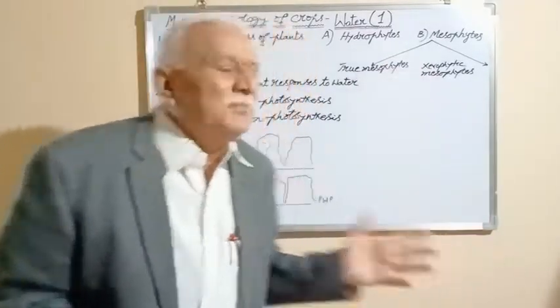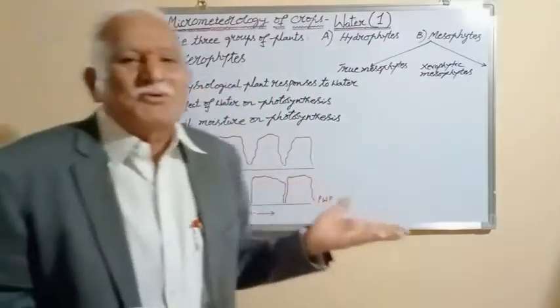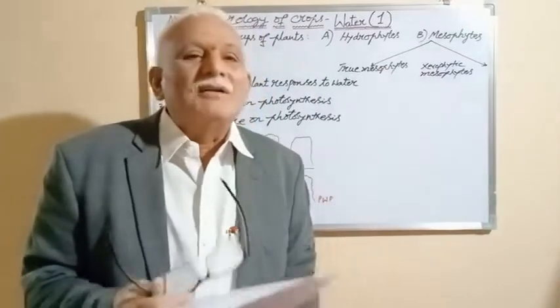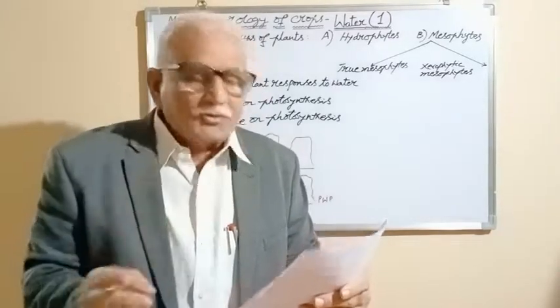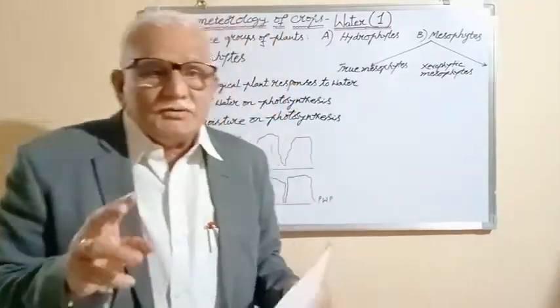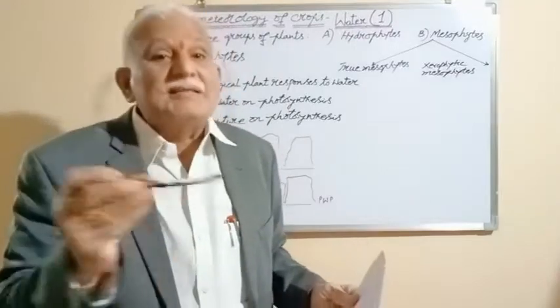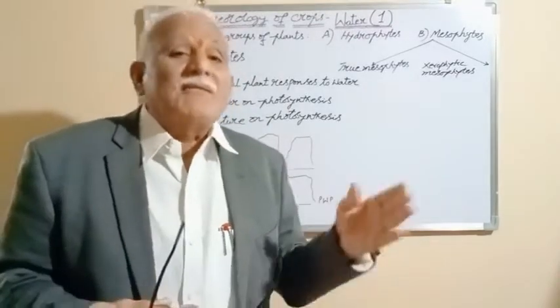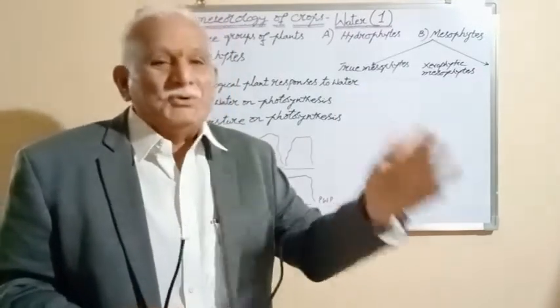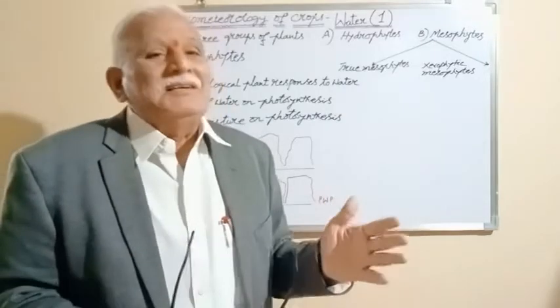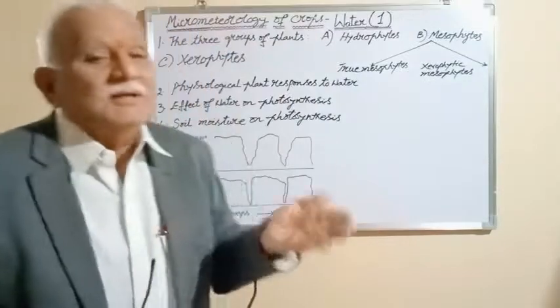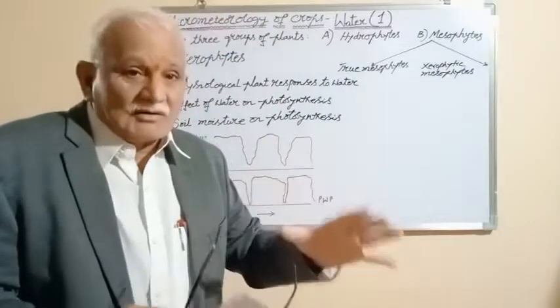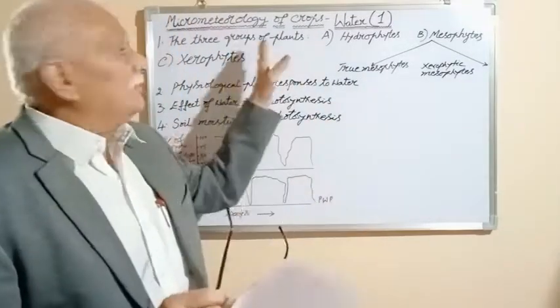So finally, what are the xerophytes? Xerophytes are the plants which survive under extreme drought conditions, and between 50 and 75% of water lost, they show the clear cut symptoms of drought. So this is how we, the agrometeorologists, classify our crops with reference to micrometeorological studies.